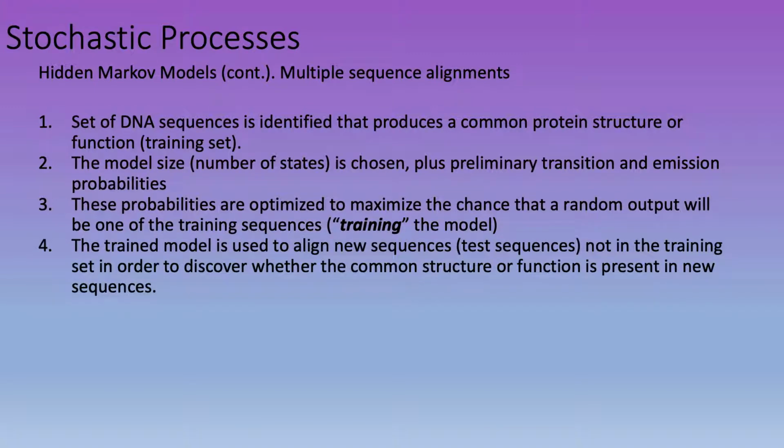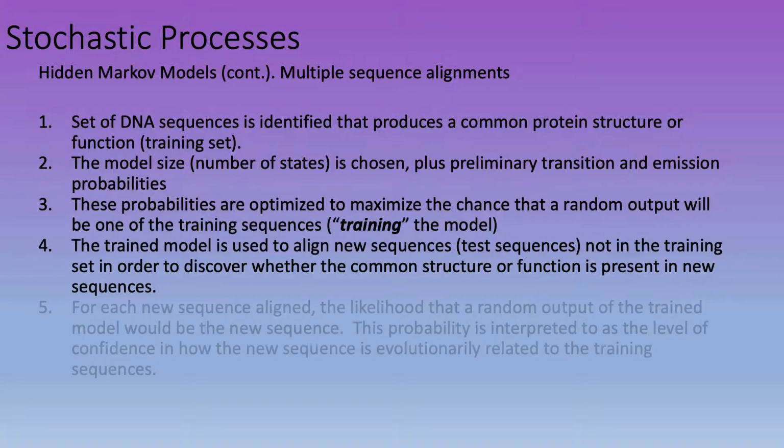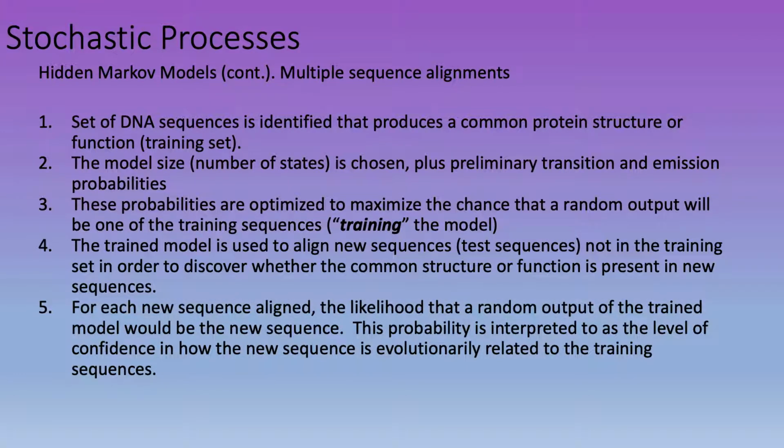Once we have a trained model, then we can align new sequences or test sequences that were not in the training set to figure out whether or not there's some sort of common structure or function present in these new sequences that's related to this model. And so for each new sequence that we align, we can do something called generating a likelihood.